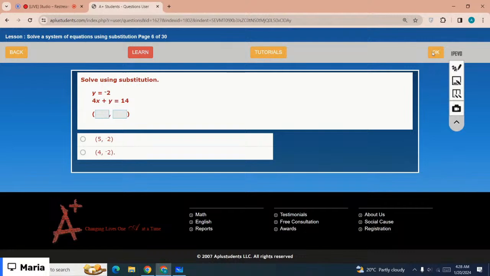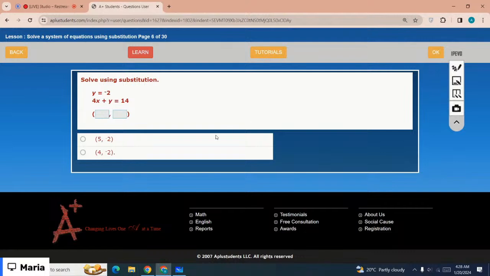Which is the correct option? The correct option is option number 1.